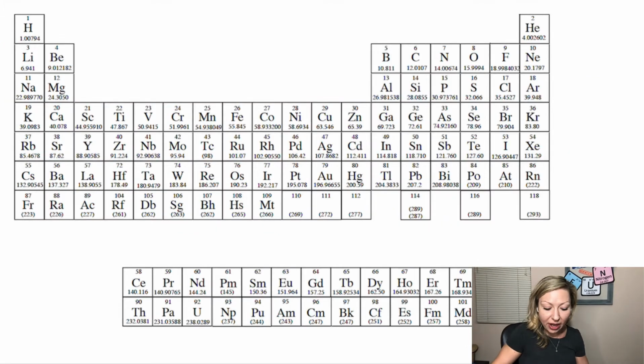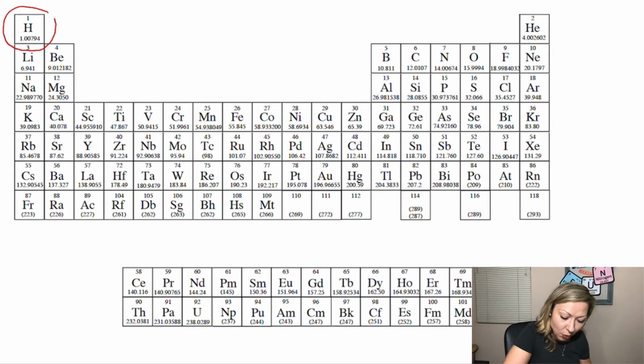And here's the periodic table. Let's find hydrogen first. So here is hydrogen. And what is the molar mass of a hydrogen atom? Well, it's the same as its mass in atomic mass units, right? So the molar mass of a hydrogen atom is 1.00794 grams per mole. We're going to round up a little bit.